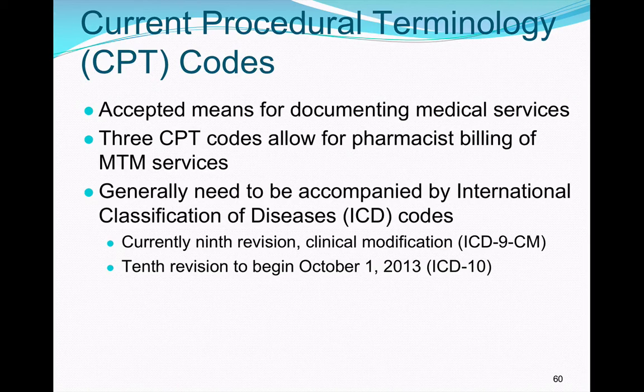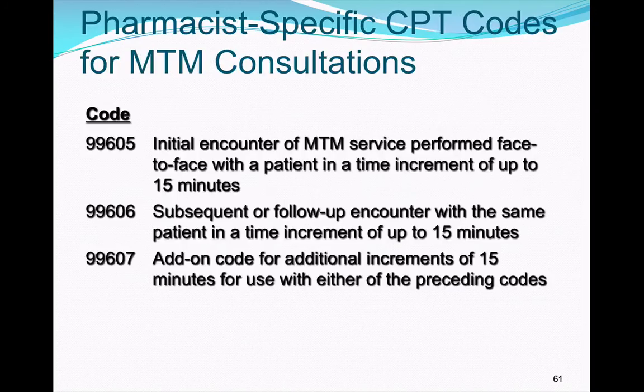The way all healthcare professionals have developed clinical procedural terminology is through CPT codes. Generally, sometimes those also have to be linked to an ICD, now ICD-10, code. But one of the things that happened with MTM was that we did get 3 billing codes. The downside of these billing codes, though, is that if you look at them in the Medicare book, there's no cost tied to each one of those. And the reason is that we don't have provider status.